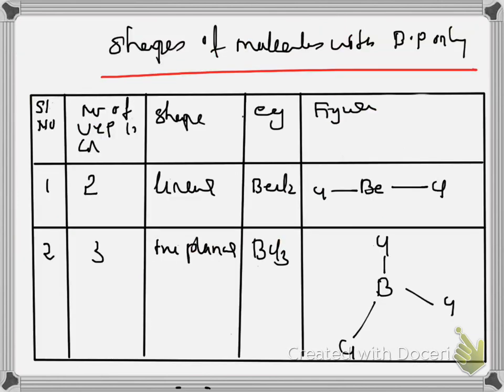Now we are applying this theory directly to various molecules. The peculiarity of the molecules in the first section is they have bond pairs only. That means they do not contain any lone pair. In the first postulate, we stated that the shape of the molecule is decided by the number of valence electron pairs on the central atom.